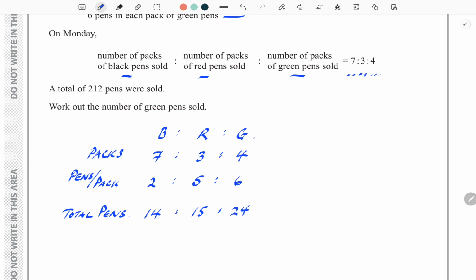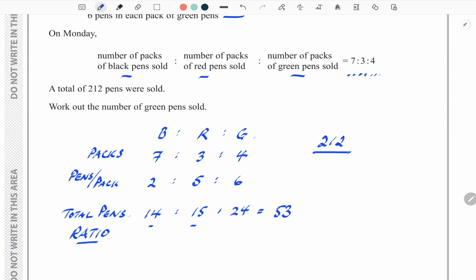All right, and we then know that this is only the ratio, remember. Okay. And we know that the total number sold was 212. All right. And the total number of the ratio here, 14 plus 15, 29 plus 24 is 53.